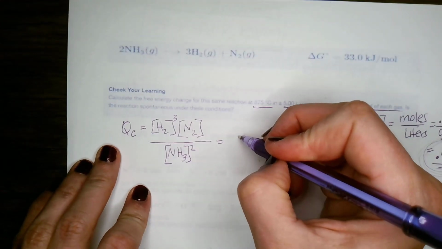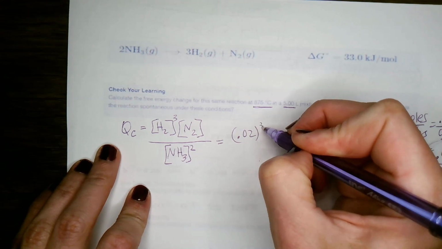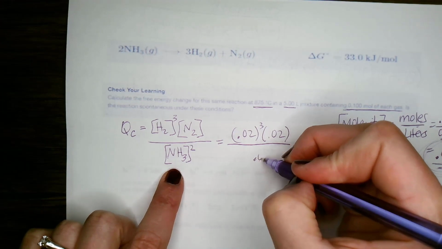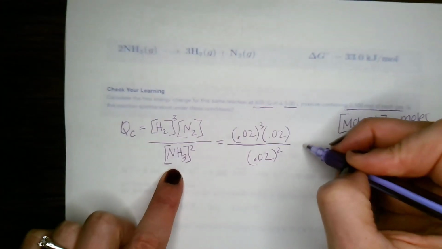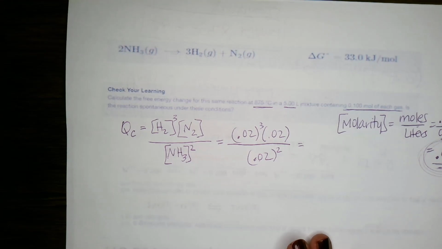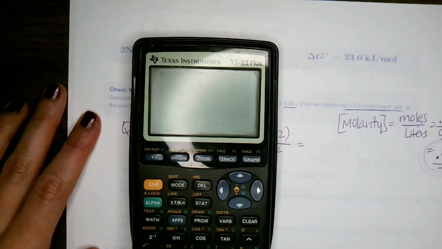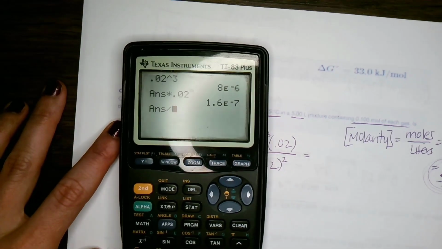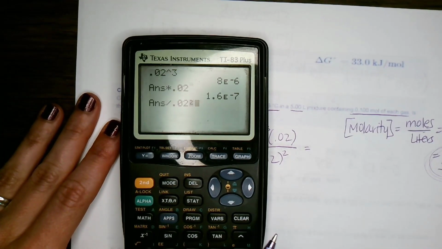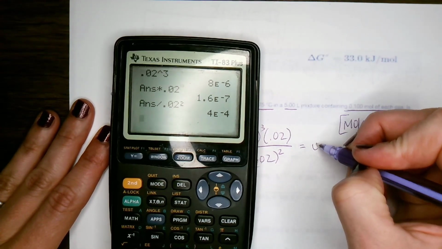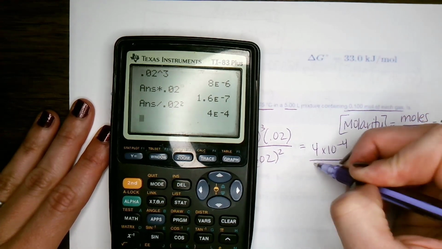So let's just do 0.02 cubed times 0.02 over 0.02 squared. All right, let's solve for this. Let's do 0.02 cubed times 0.02 divided by 0.02 squared. I got 4 times 10 to the negative 4th. That's my Q.